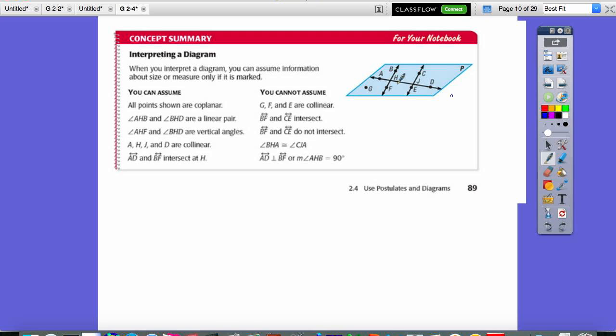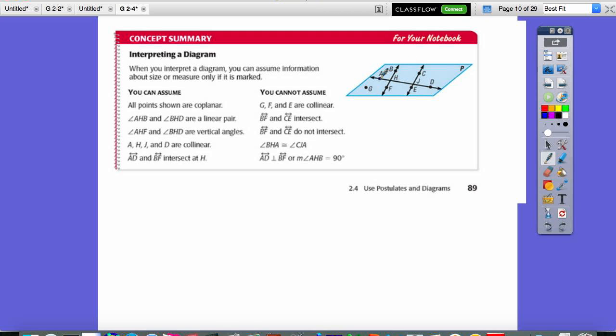When we interpret a diagram, there are things that you can assume and things you can't assume. So here you can assume that all the points are coplanar. You can assume AHB and BHD are a linear pair. You can assume AHF and BHD are vertical angles.